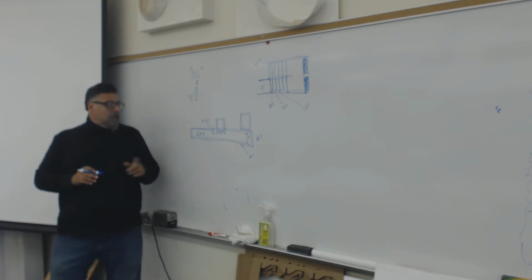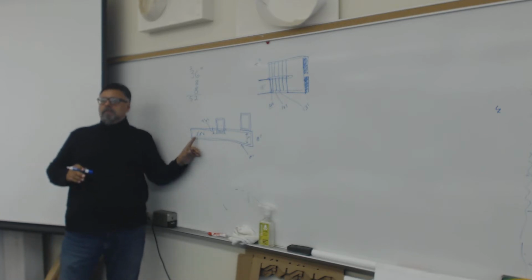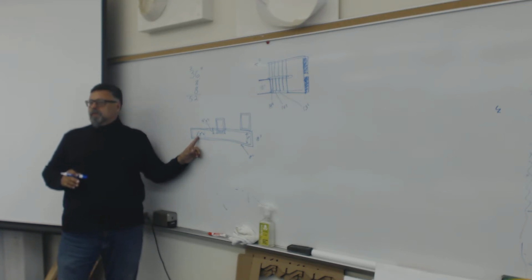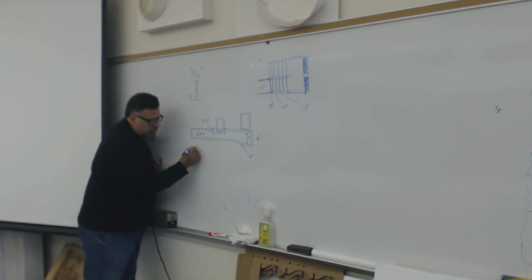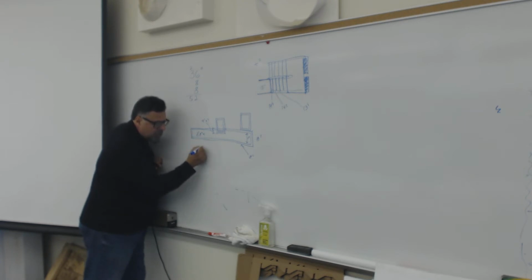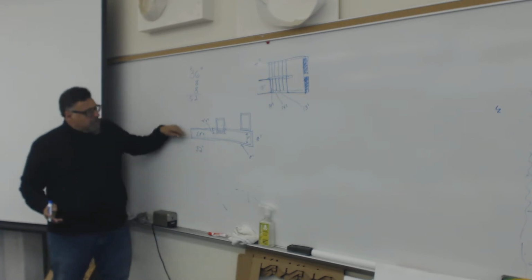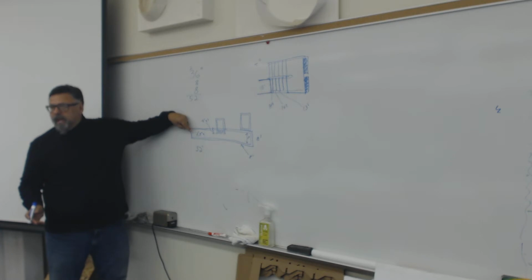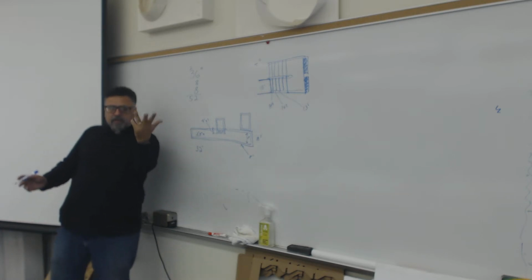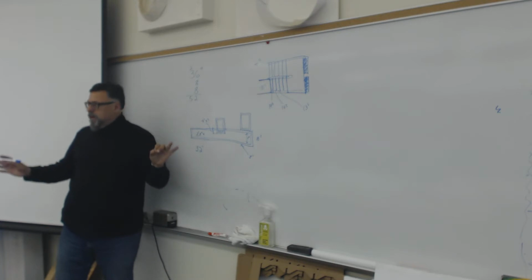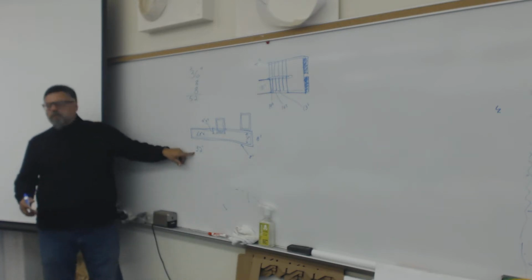So does that sound right? How many inches does 2 foot 8 translate to? 32. 32 inches, right? You guys understand how we got to that? 24 plus 8, 24, 25, 26, 27, 28, 29, 30, 31, 32. Okay? Simple. So 32 inches.